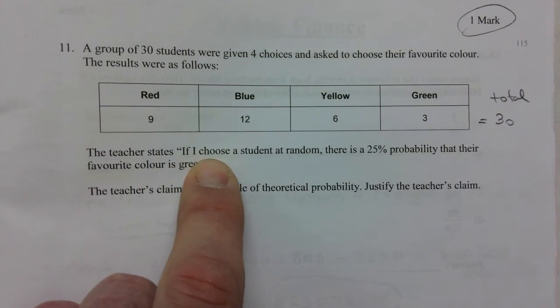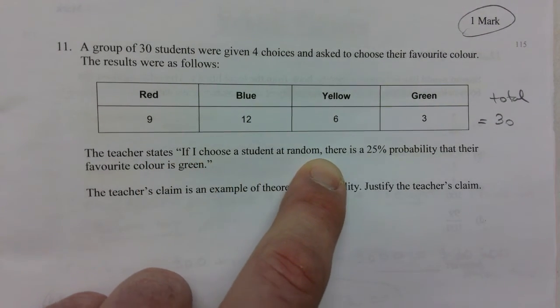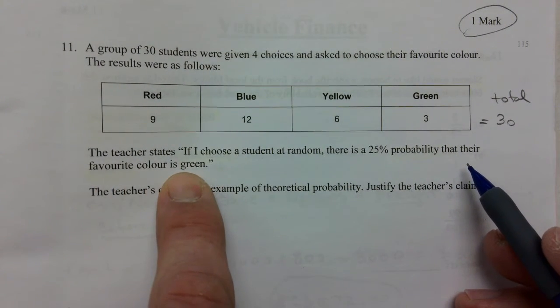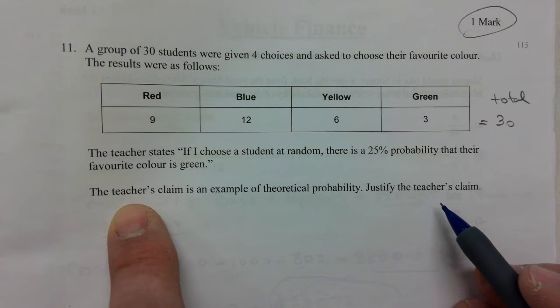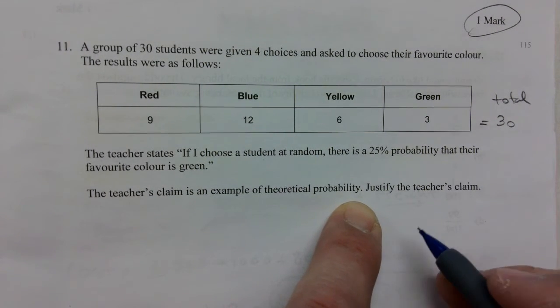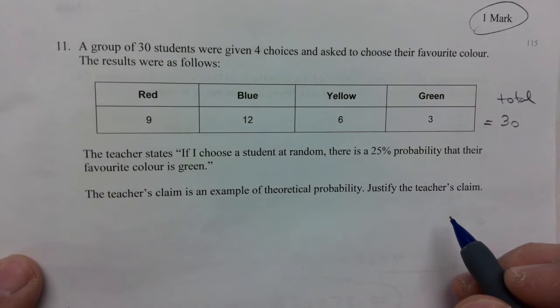The teacher states, if I choose a student at random, there's a 25% probability that their favorite color is green. The teacher's claim is an example of theoretical probability. Justify the teacher's claim.